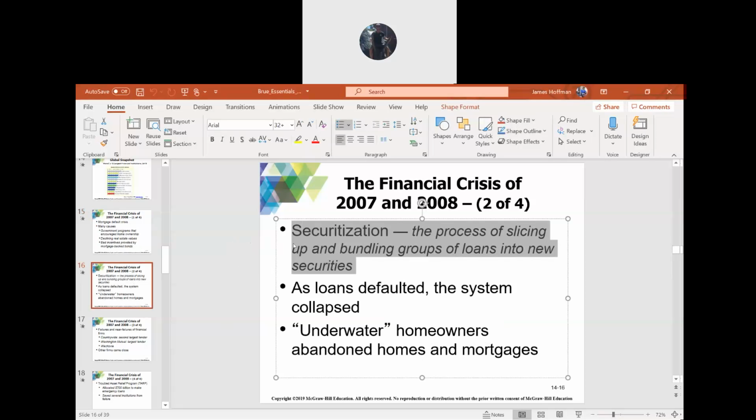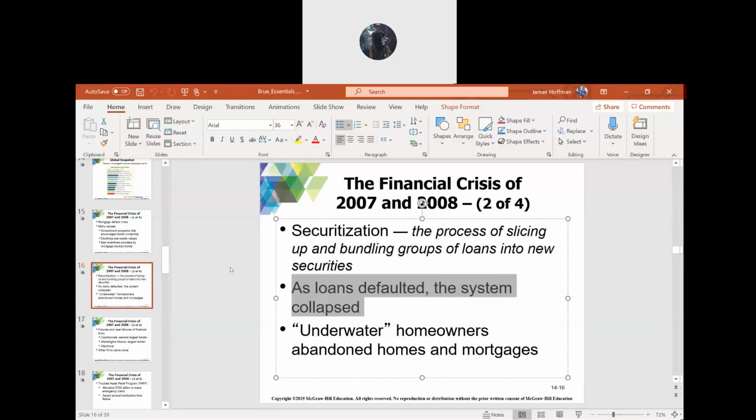And you had this securitization, which was basically slicing up and bundling groups of loans into new securities. So you had a financial asset that you could buy or sell, which was made up of a bunch of different assets, and you didn't really even know what was in there. You just knew what the price was. So the risk associated with these bundled securities was very much unknown.